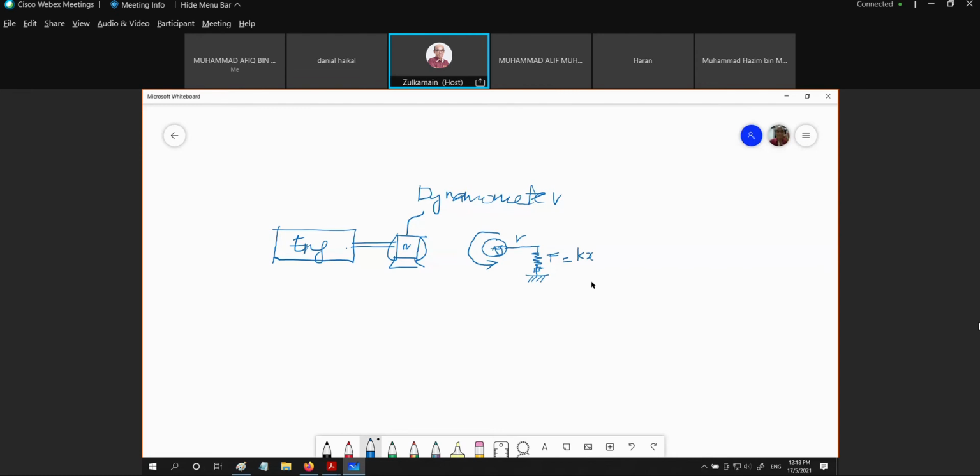When the arm is going up, then what we have to do is adjust the screw right here in order to bring back the arm perpendicular to the axis, so that it will always be at horizontal position, because we need to calculate F equal to Kx. Then this rotation of the dynamometer is equivalent to the rotation of the engine, which is N. So from this dynamometer, what we could have is the power. The power is equal to 2 pi N T, and this should be in kilowatts.